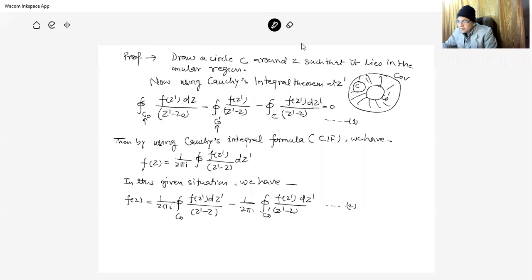Now consider when z' is greater than z, let us say case 1.